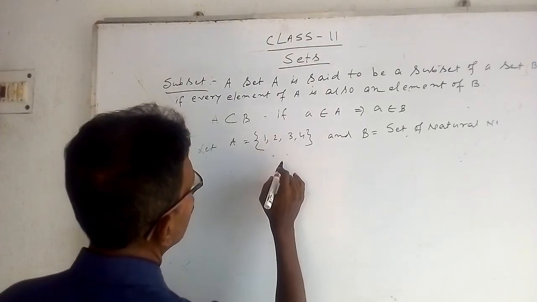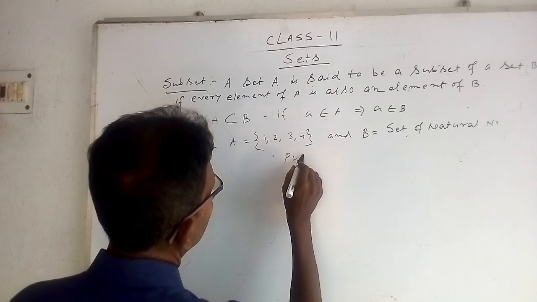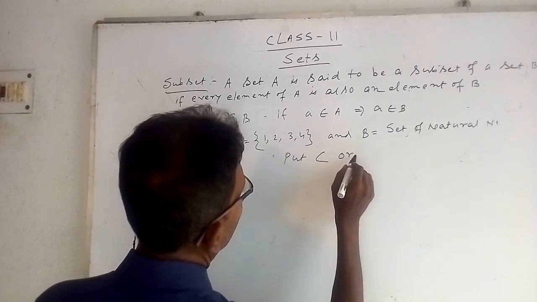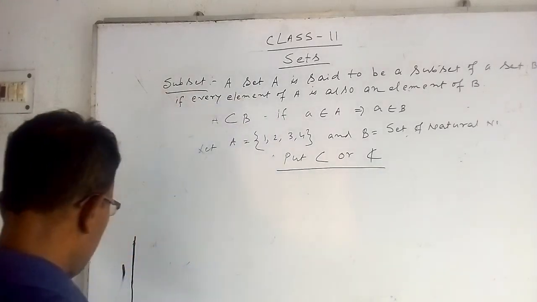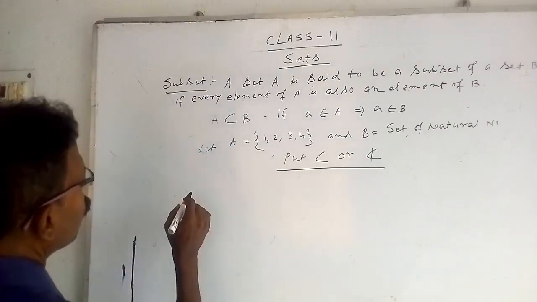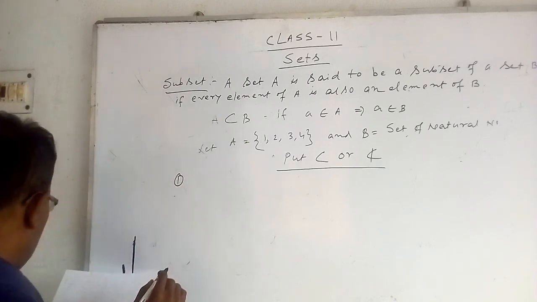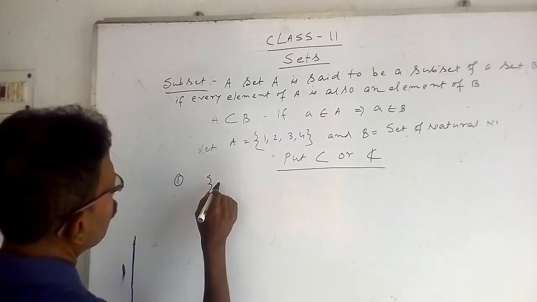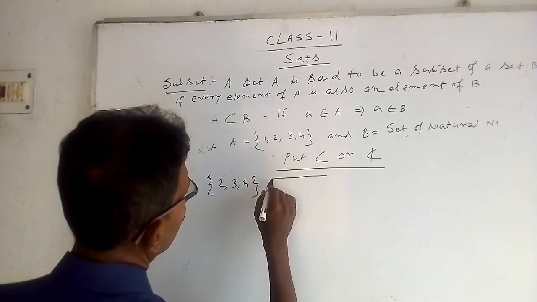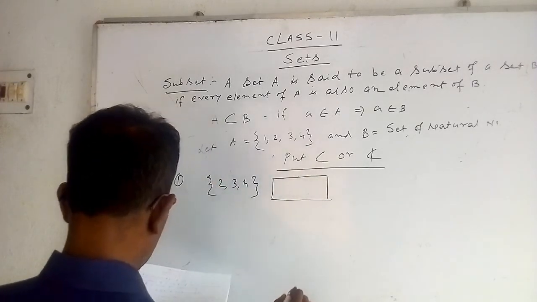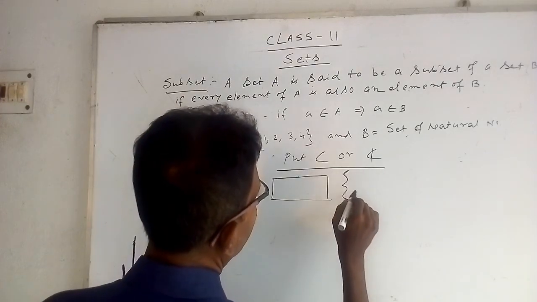Now put this or this. 2, 3, 4 and 1, 2, 3, 4, 5.